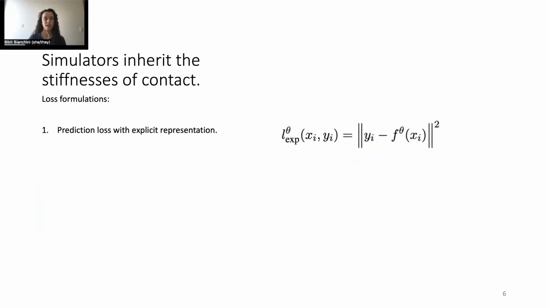So if we look at the loss formulations, an explicit formulation here looks like just the prediction loss. So the difference between the true output y and the predicted output f of x, and just square the norm of that distance. And here, remember that this function f is stiff with contact. That's the data we're interested in.